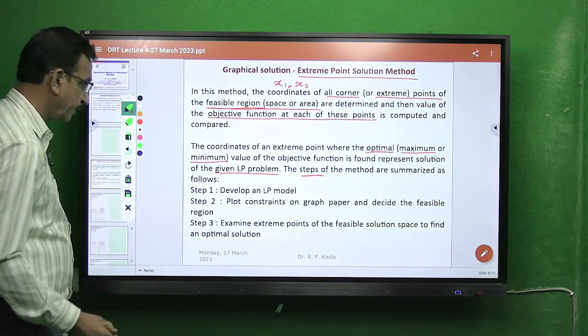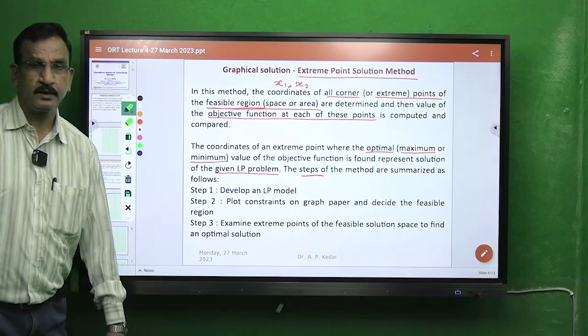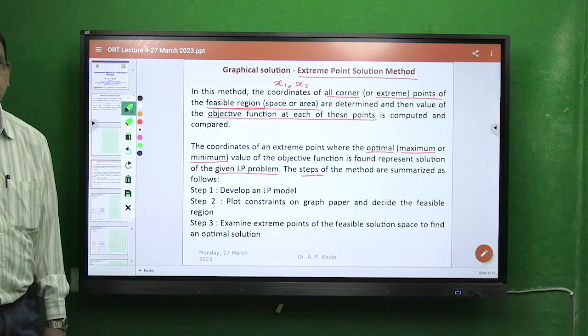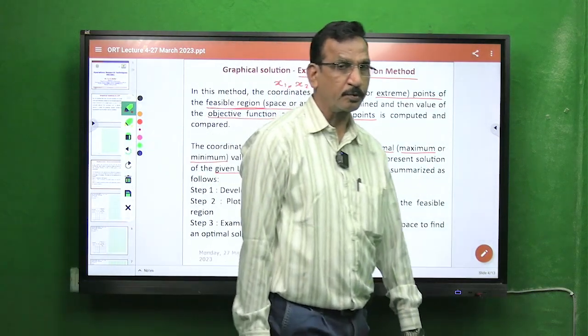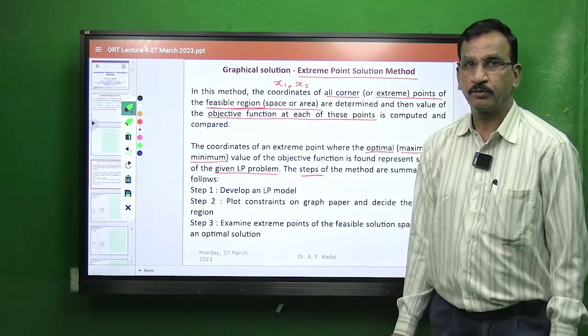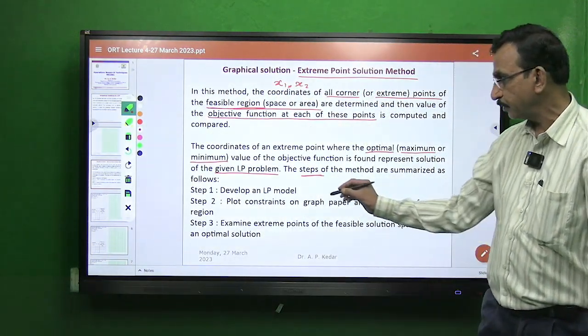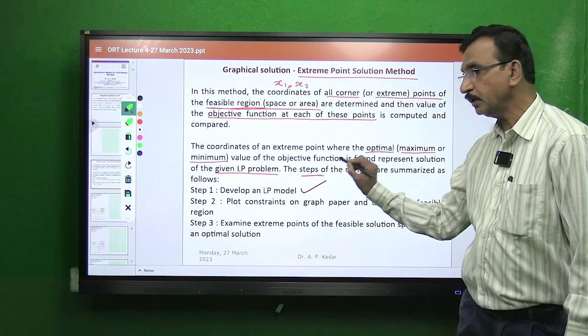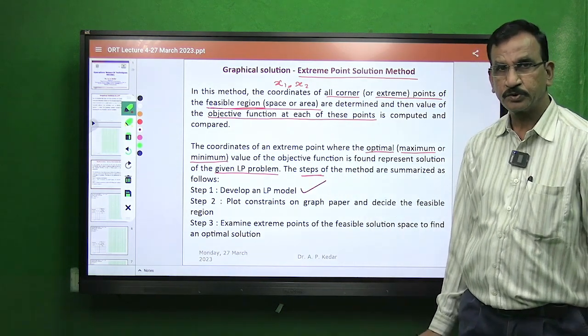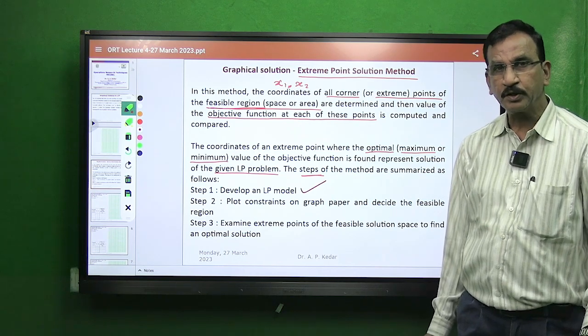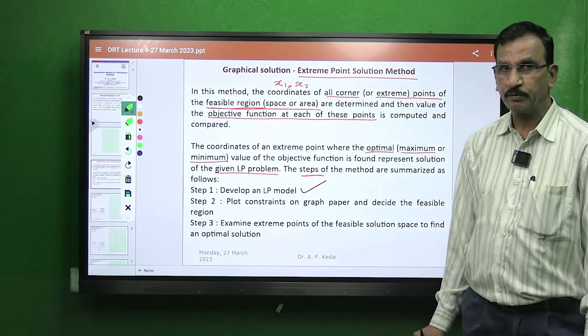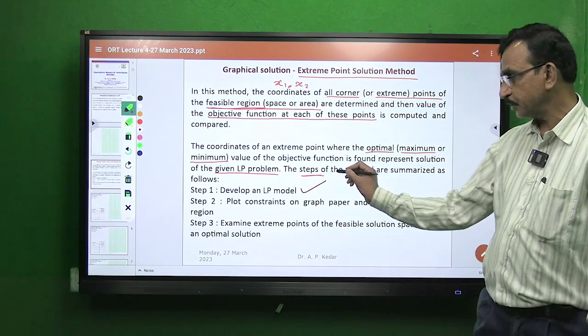The steps are: develop a linear program model. Students, we have seen many varieties of problems wherein we have practiced how to develop the linear model from the given data. We have seen in earlier lectures the methodology for formulation of the model from the given data. That part is over.